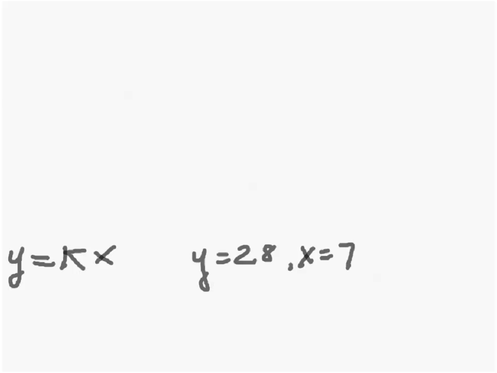Whenever it says suppose y varies directly, that should trigger, oh, it's a direct variation. And then you use that y equals kx formula. So that's something to remember. You go, oh, that's a direct variation. Then it tells us that y equals 28 when x equals 7.